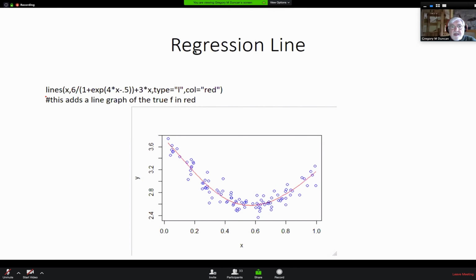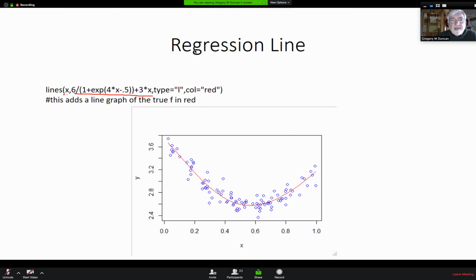Now, what I want to do is add the graph of the true f. In this case, I know what the true f is. Ordinarily, you're not going to know that. And so I plot the true value against x, type L, that means I want a line, I don't want the dots, and color equals red.